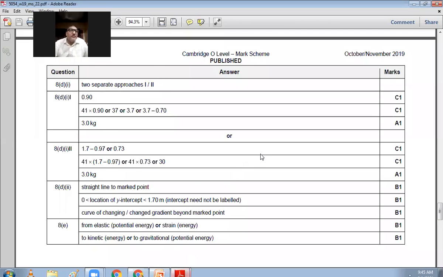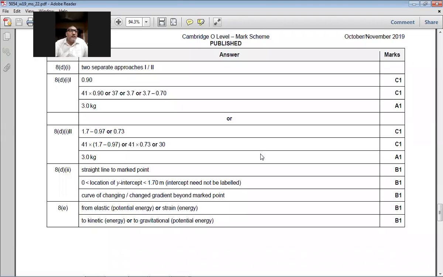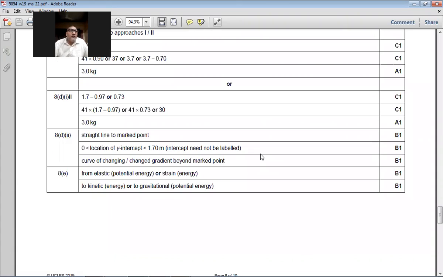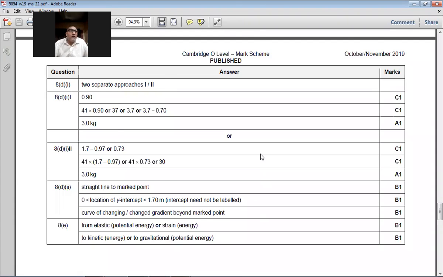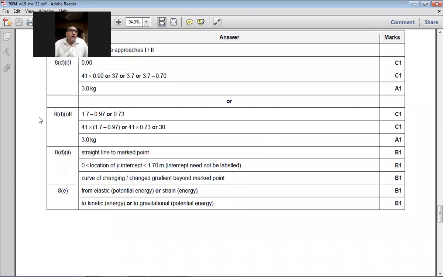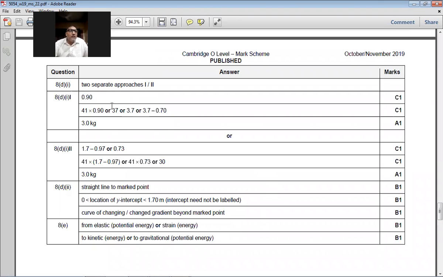Let me check the mark scheme. So these are the two approaches which we have shown. For question number 8D, first part, we have gone with this approach.